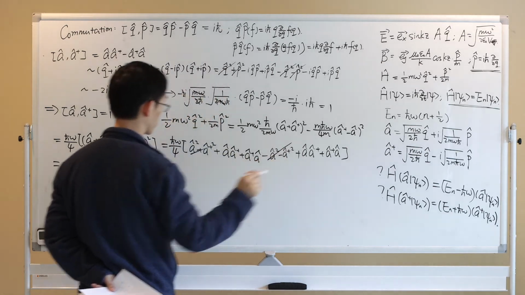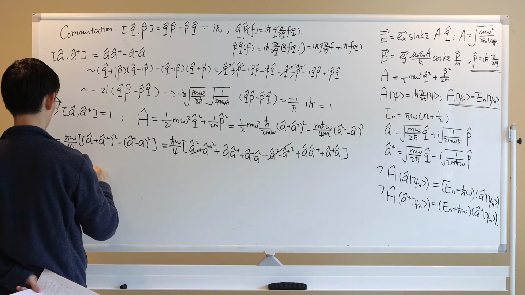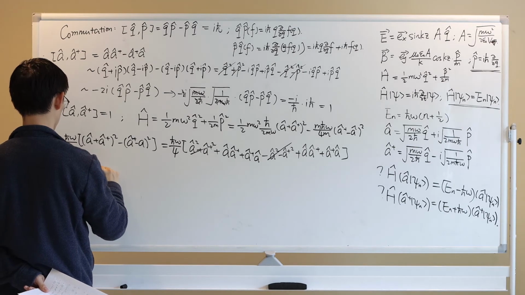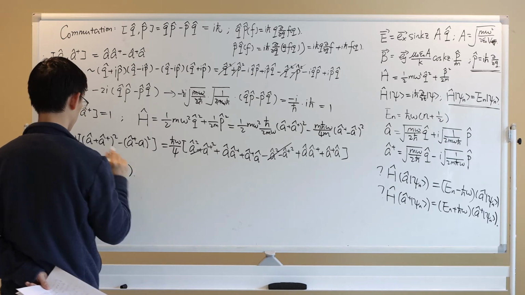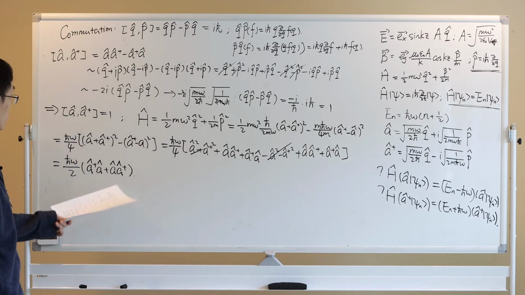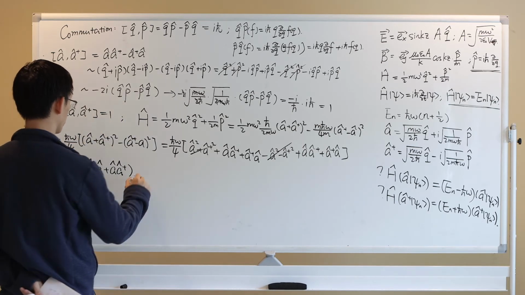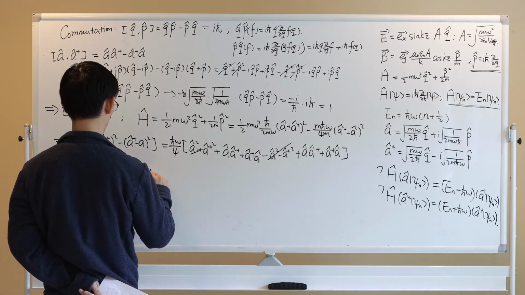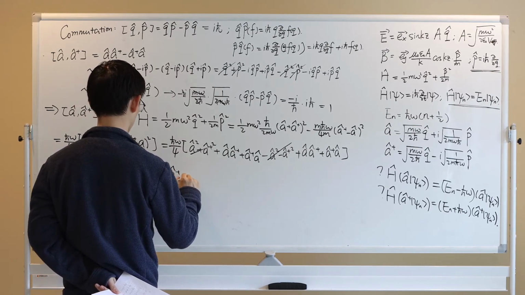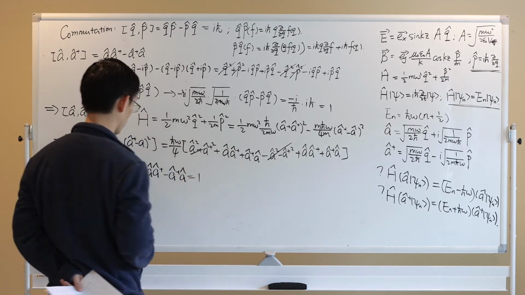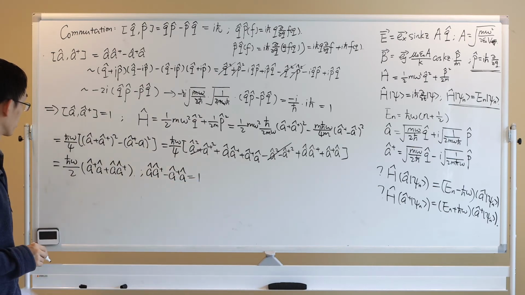And then you combine all these terms, then you get h bar omega over 2 times (a a dagger plus a dagger a). And you can further simplify this by using the commutation relation, where a a dagger minus a dagger a equals 1. So a a dagger equals 1 plus a dagger a.